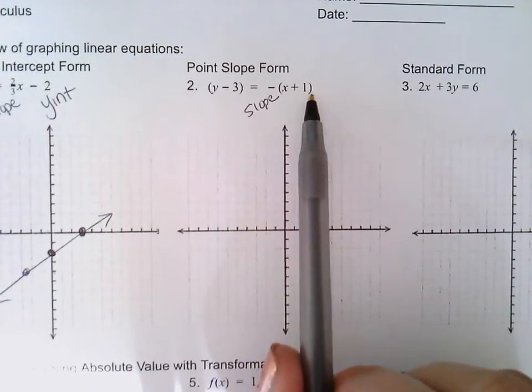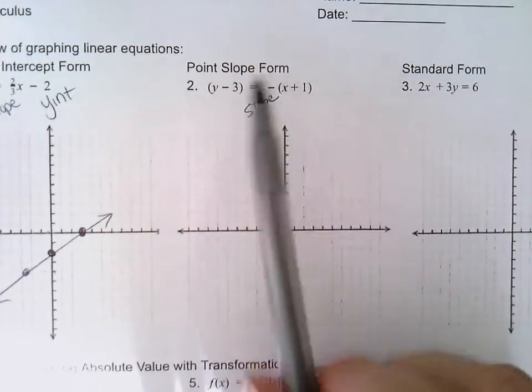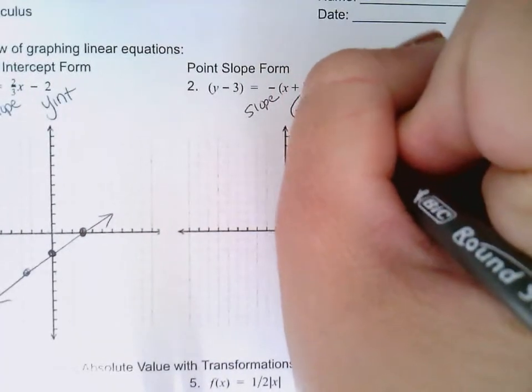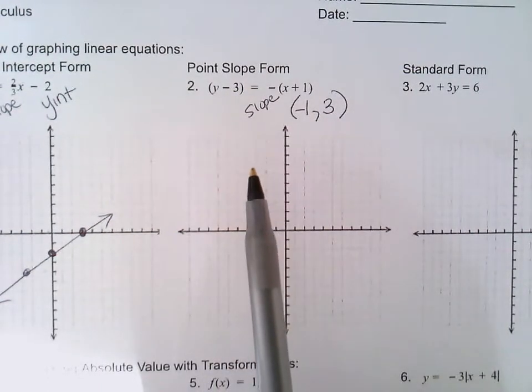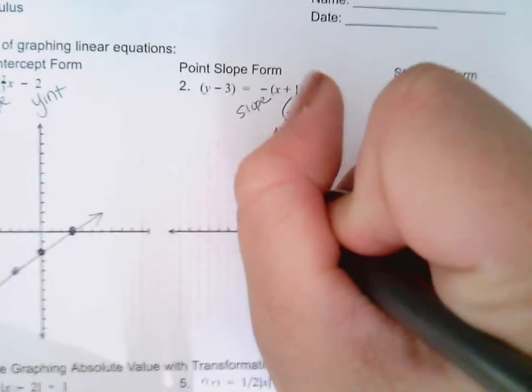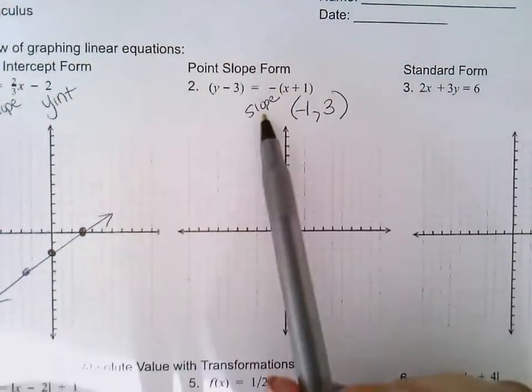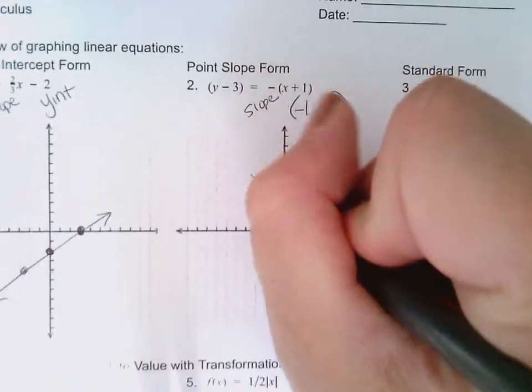Remember how a plus sign really means go to the left. So this is the point, -1 comma 3. So without having to convert this into slope-intercept form, I could start at the point -1 comma 3 and do my slope of down 1 over 1.